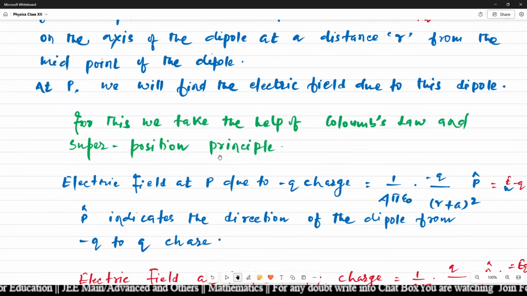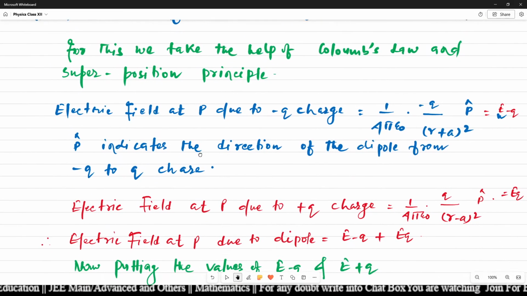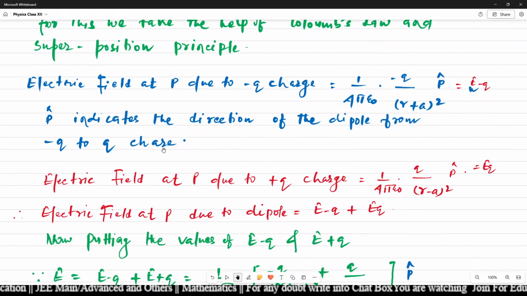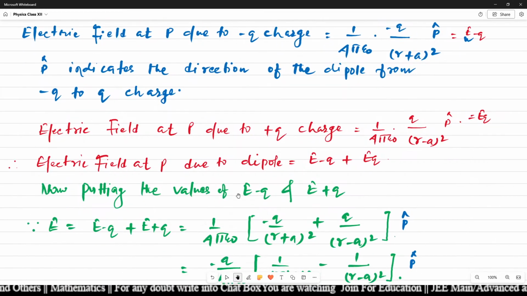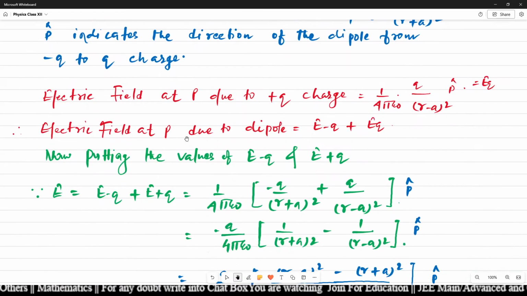For this, we take the help of Coulomb's law and the superposition principle. So electric field at P due to minus Q charge, this one, and cap P indicates the direction of the dipole from minus Q charge to plus Q charge. So electric field at P due to plus Q charge, and electric field at P due to dipole.